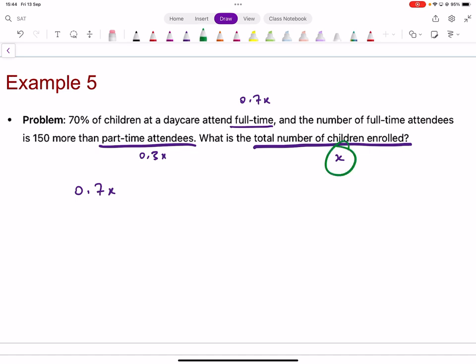If the total number is x, we know full time is 0.7x, part time is 0.3x. Now the number of full time attendees is 150 more than the number of part time attendees. What does that mean? 0.7x minus 0.3x should equal 150.